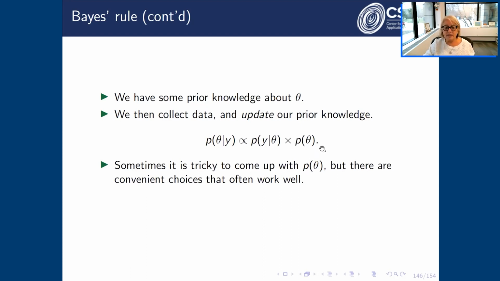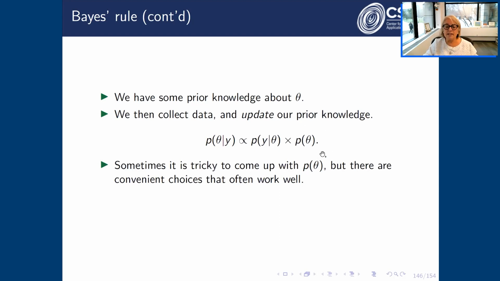And sometimes it's a little tricky to come up with a model to represent my knowledge about the population before I collect any data. But there are some convenient choices. And by convenient, I mean mathematically convenient choices that make this calculation simple, or simpler, I should say.